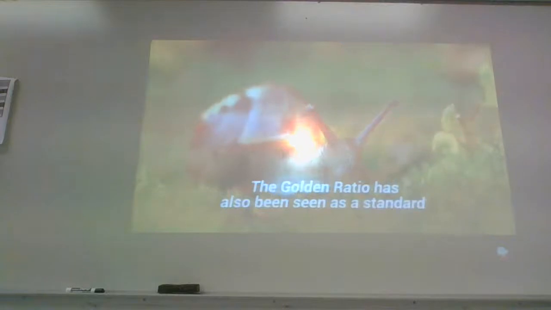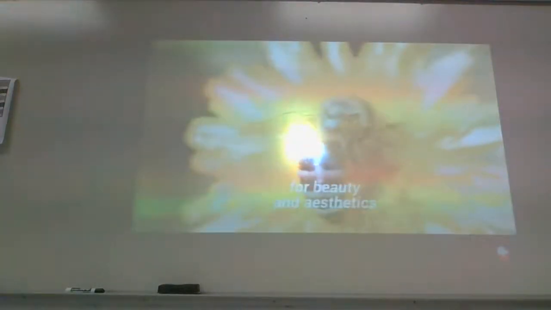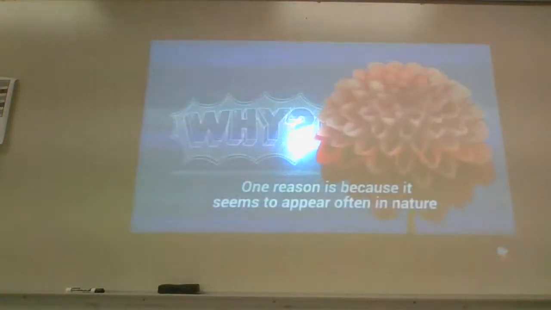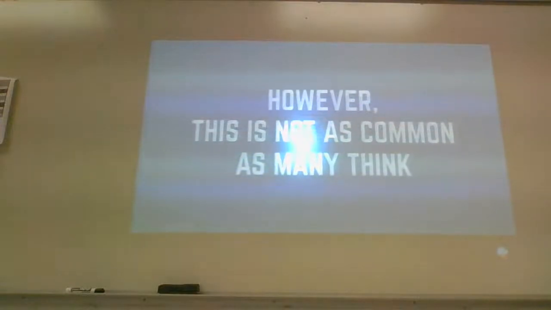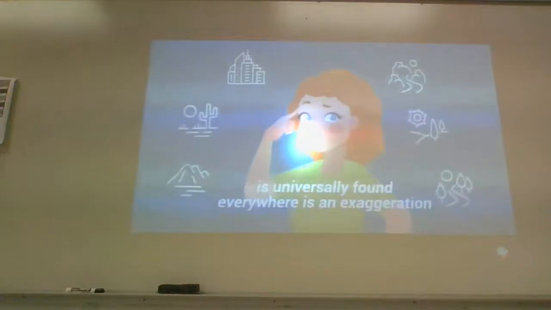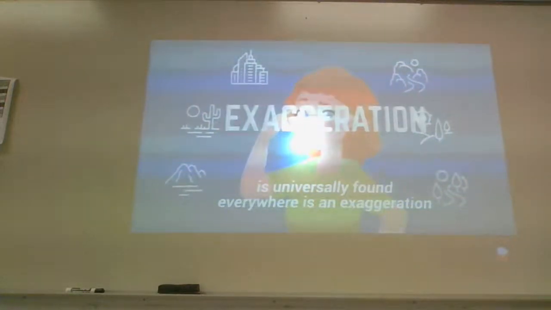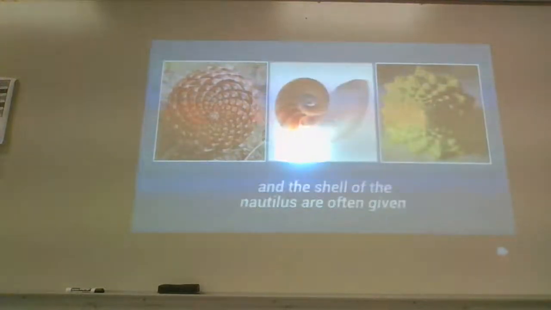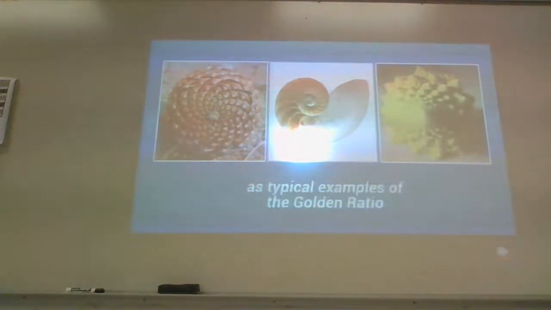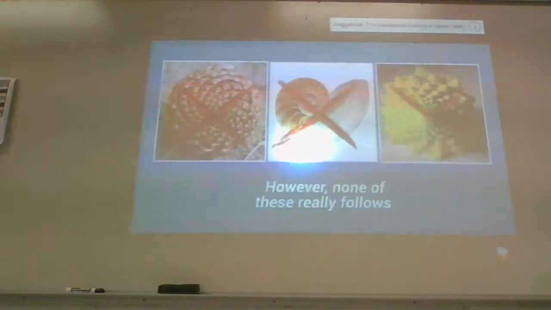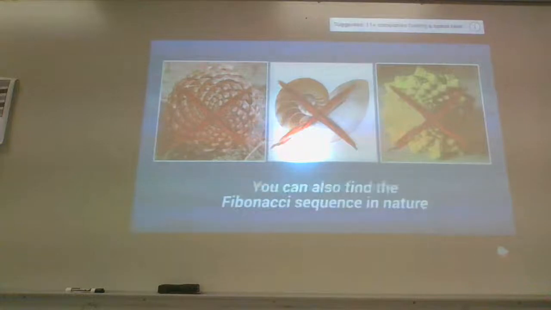The golden ratio has also been seen as a standard for beauty and aesthetics. Why? One reason is because it seems to appear often in nature. However, this is not as common as many think. The idea that the golden ratio is universally found everywhere is an exaggeration. The shape of the pine cone, Romanesco broccoli, and the shell of the nautilus are often given as typical examples of the golden ratio. However, none of these really follows the proportions of the golden ratio.